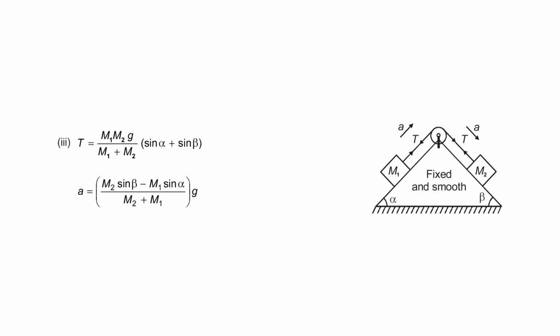Case number 3. Please refer to the image on the screen to understand case number 3. T is equal to m1 m2 g divided by (m1 plus m2) into (sine alpha plus sine beta). a is equal to (m2 sine beta minus m1 sine alpha) divided by (m2 plus m1) into g.